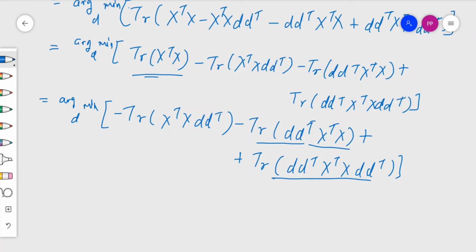X is a matrix of the form M by N, so therefore X transpose is a matrix of the form N by M. So therefore X transpose X is a matrix of the form N by N. Similarly D is of the form N by 1, D transpose 1 by N. See, this is again N by N. So we can see that these two matrices can be interchanged easily.